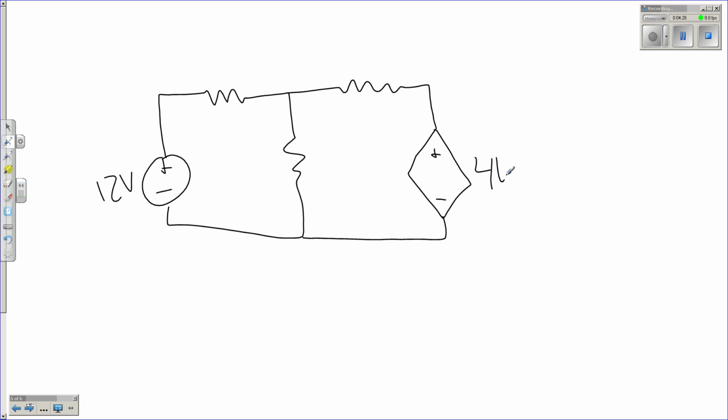And again, for Vx, where that Vx is just the potential difference across that resistor. And we have one more parallel resistor up at the top.